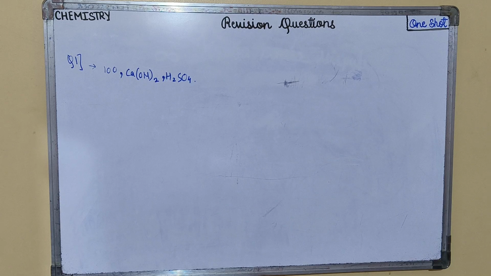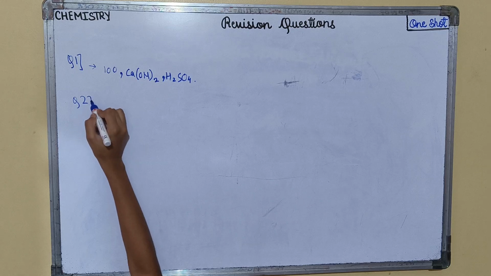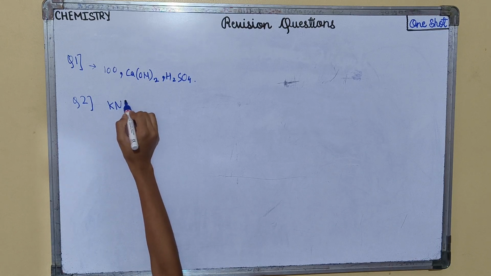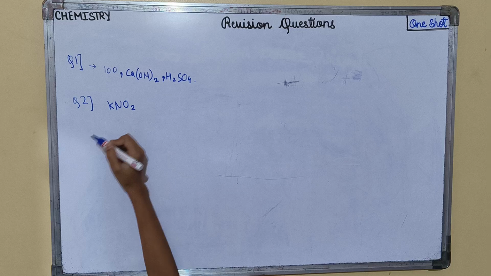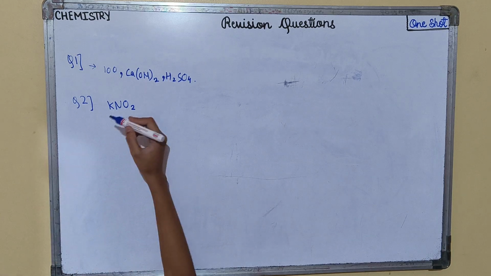Then we have to identify element 1, 2 and 3. So first is potassium nitrite and it is KNO2. Then it is Ca3(PO4)2 and it is calcium phosphate.